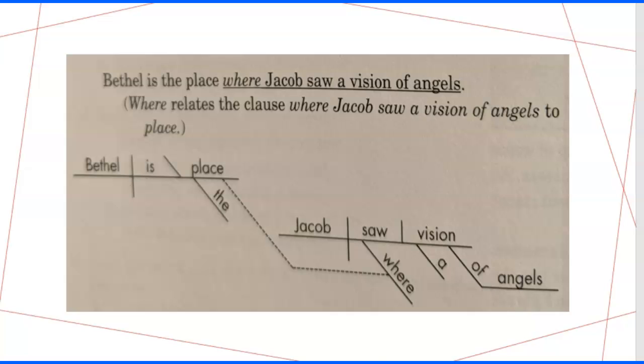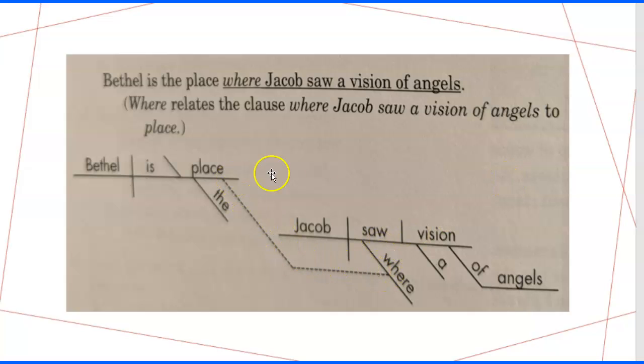And then finally, the last one, Bethel is the place where Jacob saw a vision of angels. Now here we have where. And so that one's going to bring a little confusion to the table. But it says where relates the clause to where Jacob saw the vision. So there's where the relation comes in.